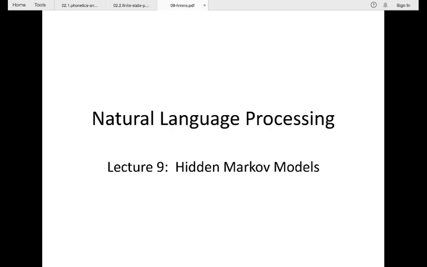So today, we are going to talk about hidden Markov models. When we left our heroes last time, they were trying to attach POS tags to text. And they were presented with some problems. What are the problems that are inherent in POS tagging? There are really two big problems that we talked about last time.